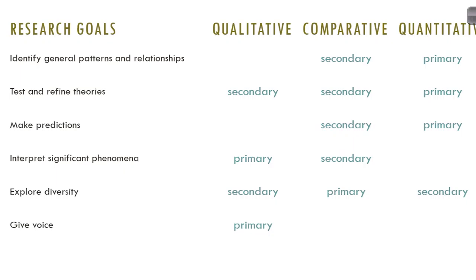You want to make their voices heard, and first you need to know what their voices and what their perspectives are, and qualitative is the way to do that and the way to learn about that.